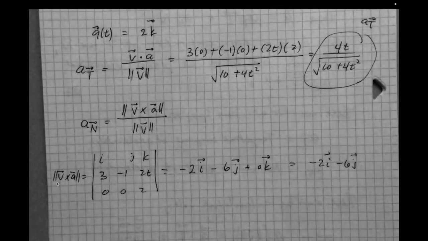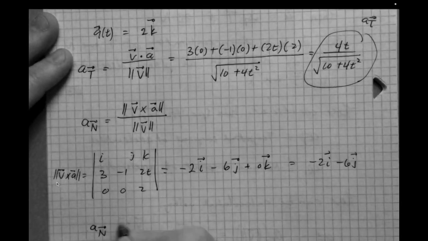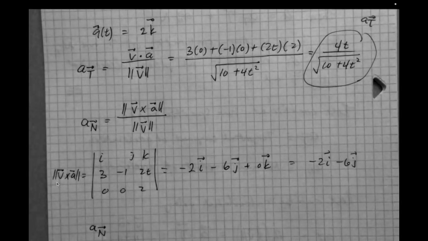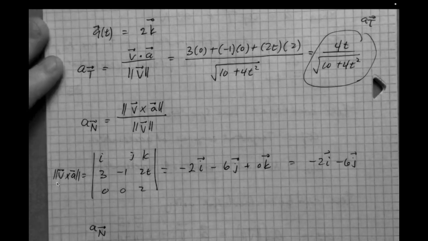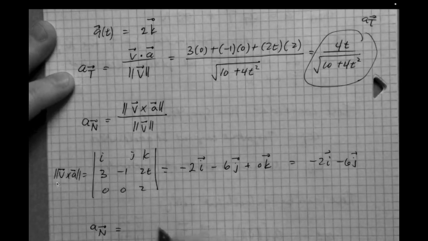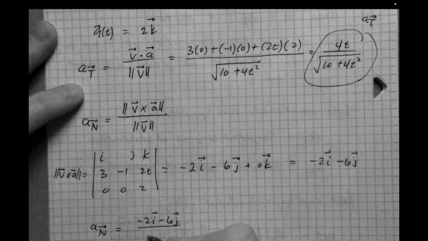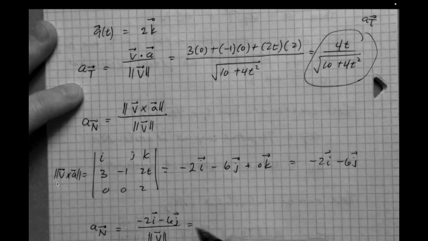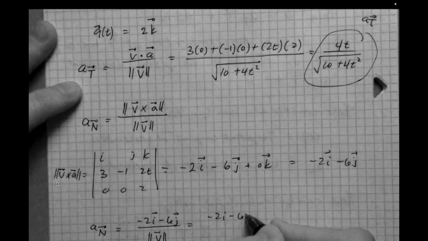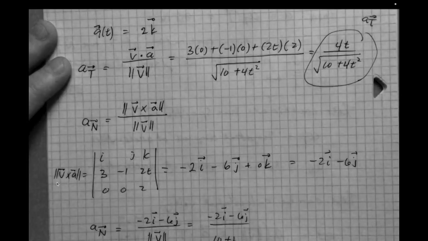And the normal component of acceleration is going to be this divided by the norm of v.